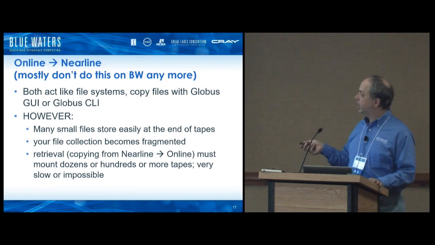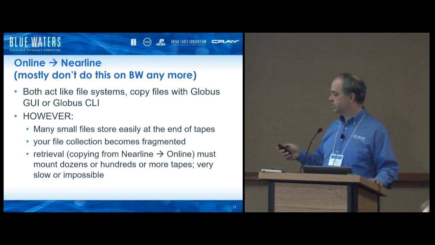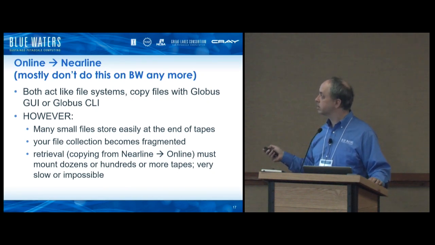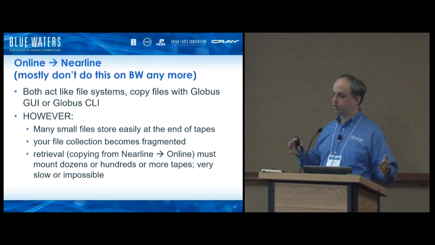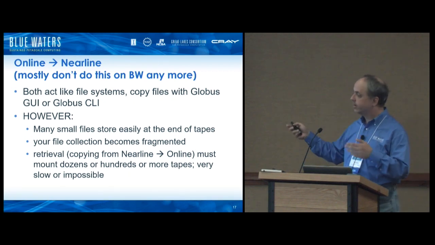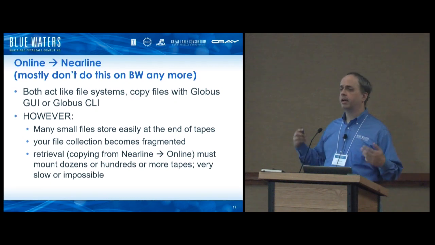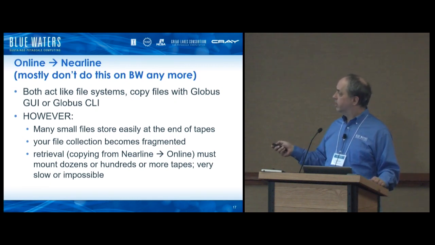If you're moving stuff to nearline, this is something that hopefully you won't be doing a whole lot of on Blue Waters anymore, because we're getting into the mode of getting everything off. But talking about tape file systems in general, there is a file system that lays on top of them that acts like a Unix file system, so you copy files and directories on and off.